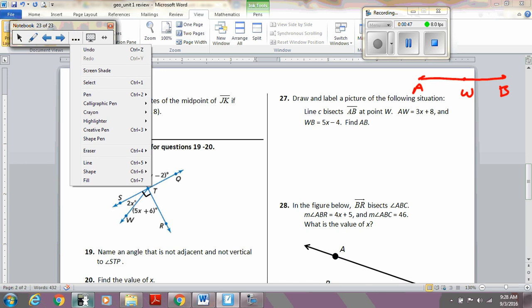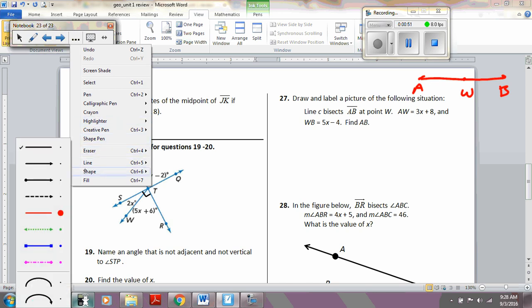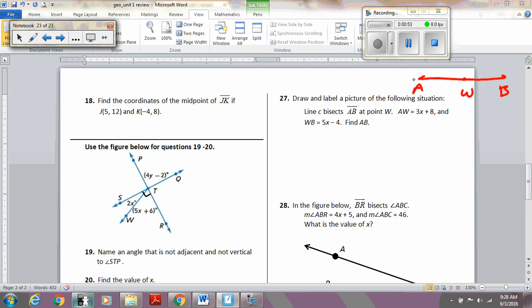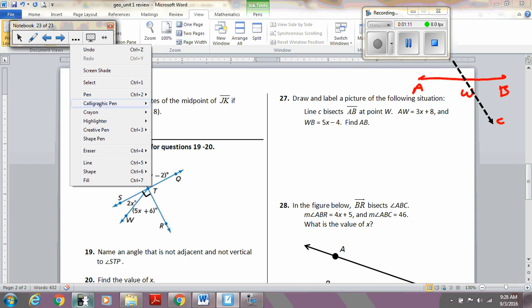Now I need my line. It's called line C. Now, the key thing to this problem is there's some extra information trying to fool you.